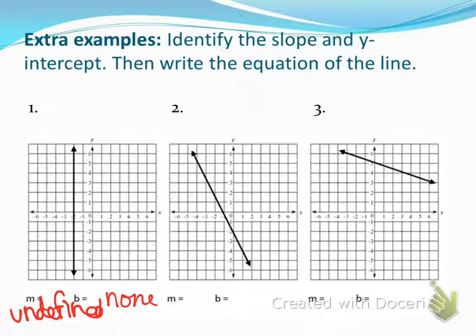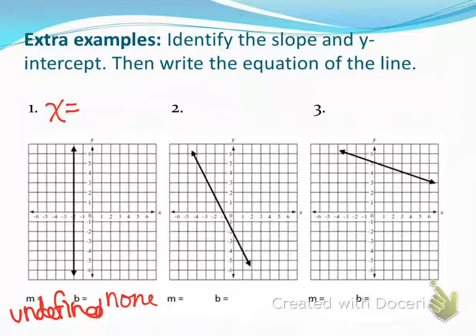Does anybody remember what the equation for these lines look like? A vertical line. Kian? Nope, that's horizontal. X equals a number. So we have to know that the equation of this is going to be x equals a number.